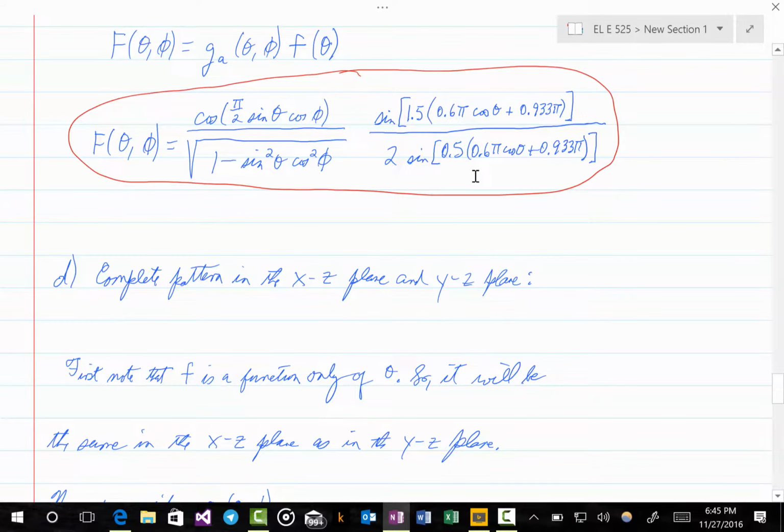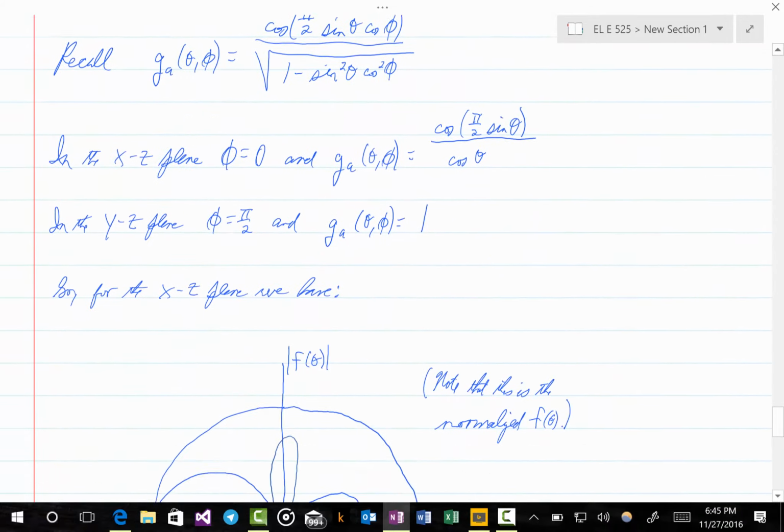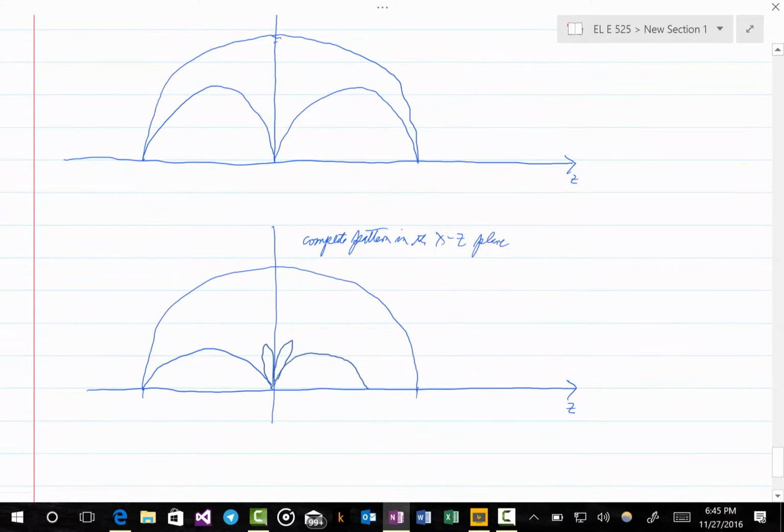And so if we wanted a completely accurate picture of that in either the xz plane or the yz plane, we could set phi equal to 0 for xz, and for yz we could set phi equal to pi over 2, and then we could get completely accurate values for f of theta and phi. But if we want just a rough plot, then this is a bit more accurate than what we had before.